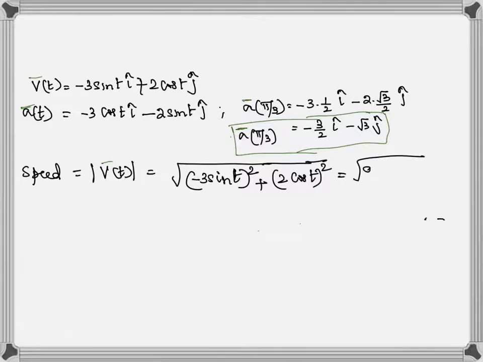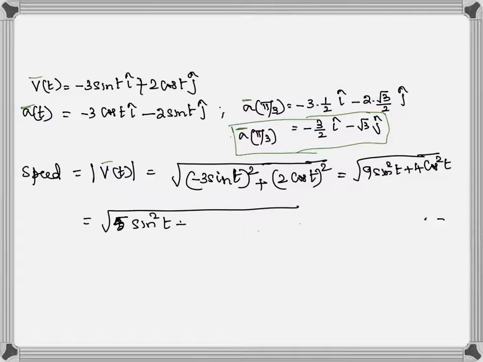This will be 9 sine square t plus 4 cosine square t. In order to make this look better, we can use the Pythagorean identity, sine square t plus cosine square t equals 1. So we'll break the 9 sine square as 5 sine square plus 4 sine square, and keep the 4 cosine square as is.